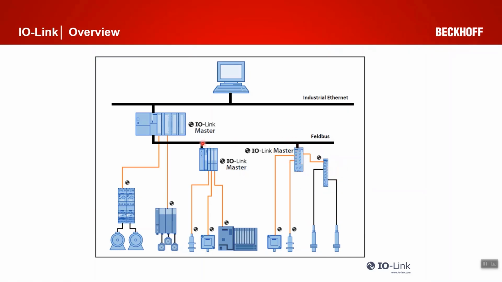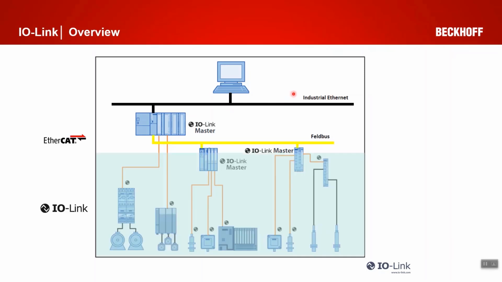Then via fieldbus we're connecting the different IO-Link masters, and then they're communicating to a PLC, and then maybe via Ethernet to different PCs or different components. And at Beckhoff we mainly use EtherCAT as our standard fieldbus to talk between the different IO-Link masters to the PLC. So we have the IO-Link devices, we have the masters.